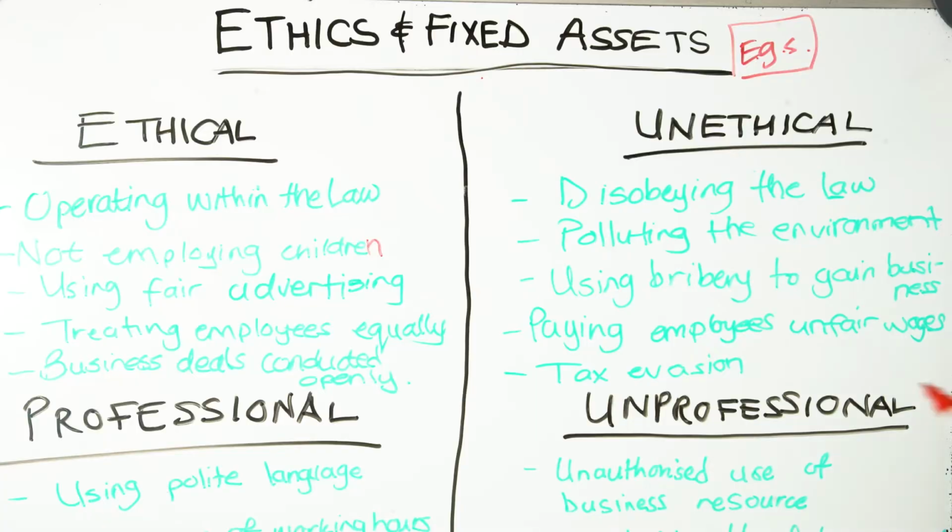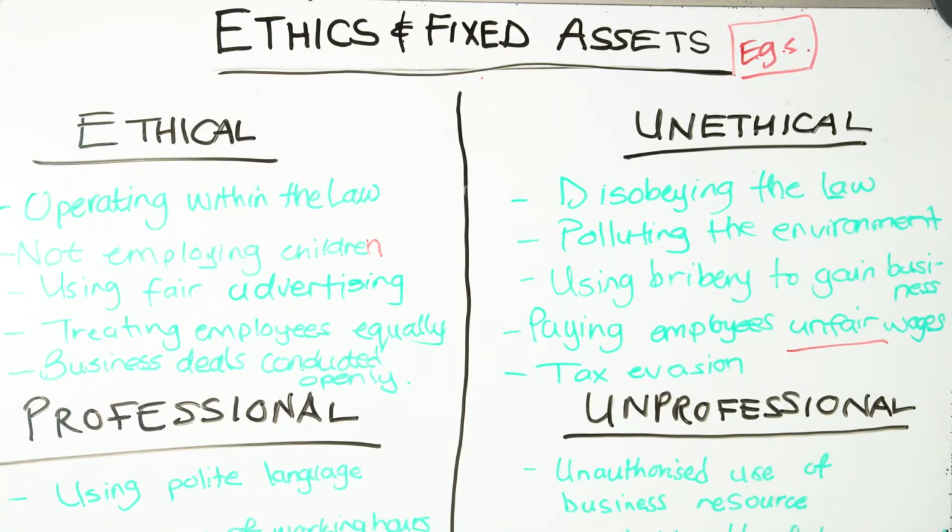When you're trying to get a business deal and you try to bribe your prospective customers, that is unethical, because unethical behavior is based on the values that are generally accepted amongst individuals and society.